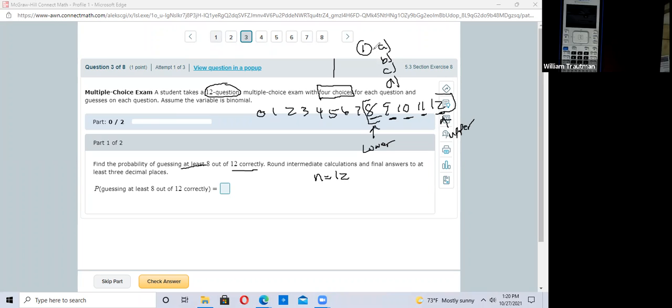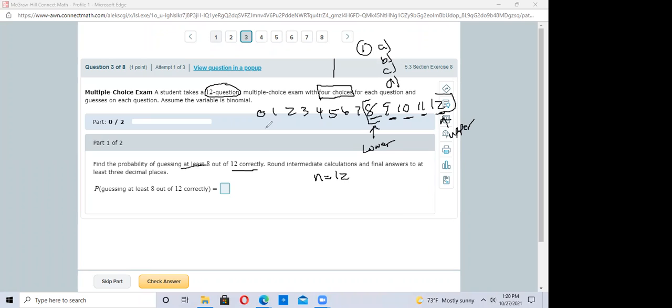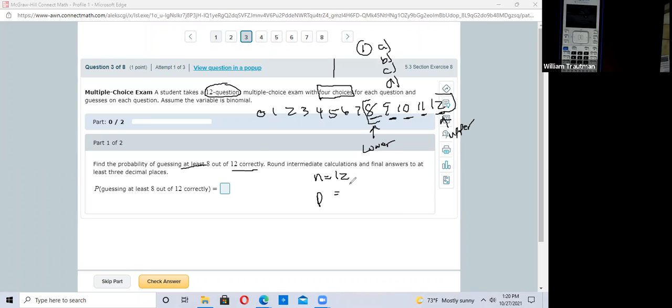If I just pick A, B, C, or D, what's my probability of getting something correct? 1 in 4. Yes. So my probability is 1 in 4, or you could say 25%. My probability is 1 question correct out of the 4. So n is 12, probability is 1/4. My lower bound will be 8, and my upper bound will be 12.